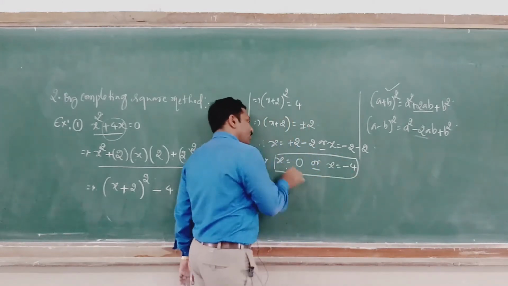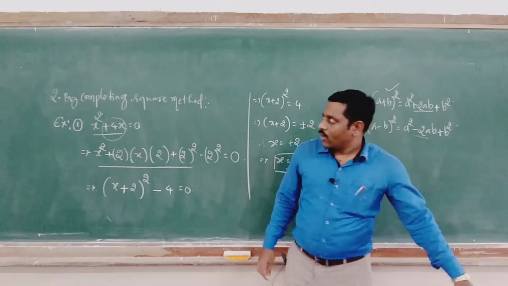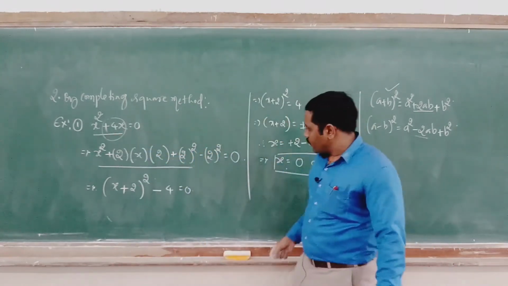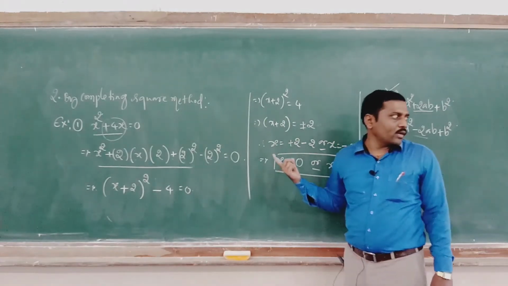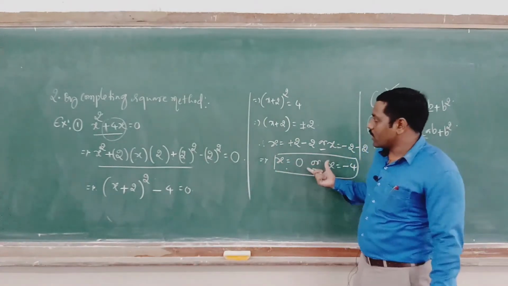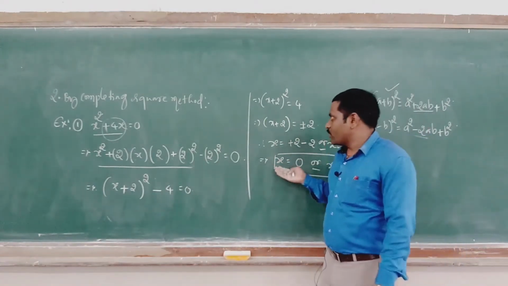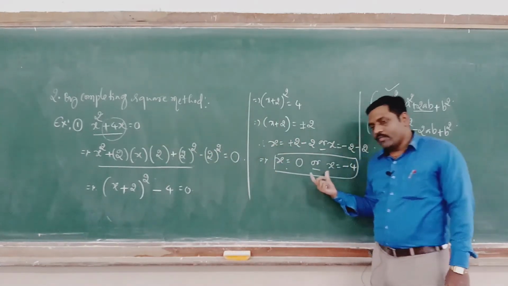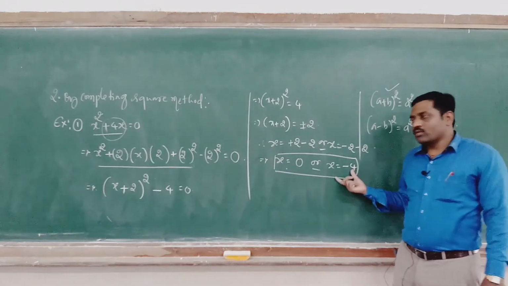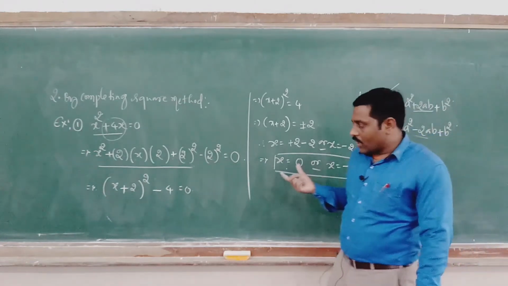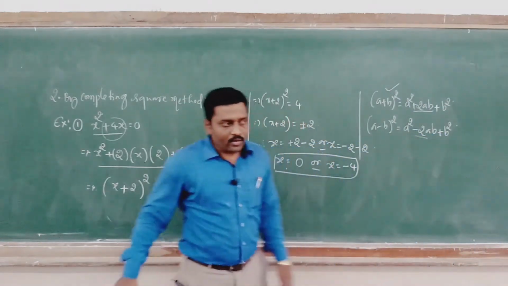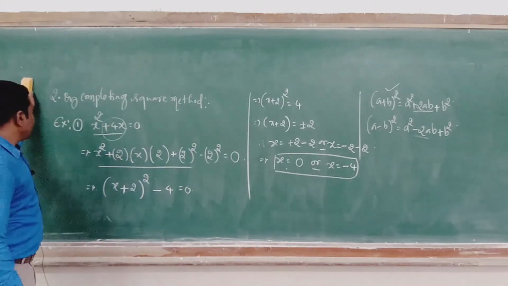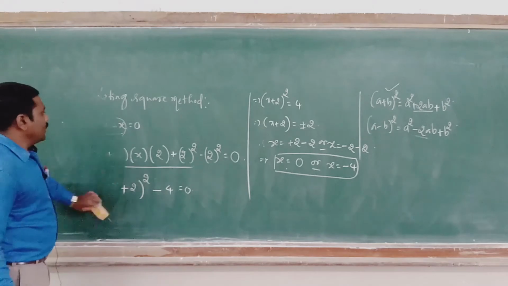These are the roots of the given quadratic equation, or zeros of the given quadratic equation. These are the solutions of the given quadratic equation, x is equal to 0 or x is equal to minus 4. So I will go to another example on the same method. Okay, I am taking another example.